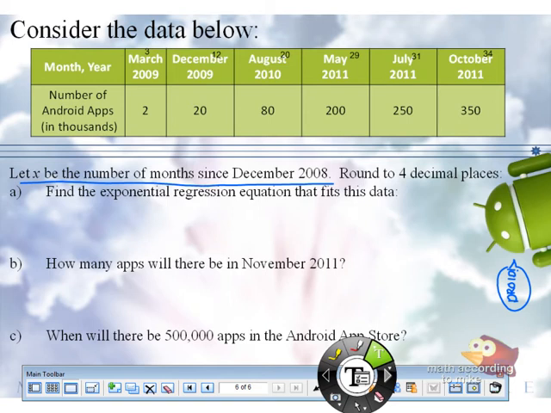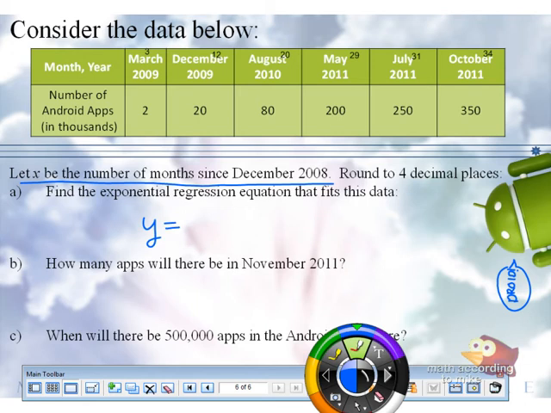You're going to say y equals, what was our a value? 2.0089 times b raised to the x.